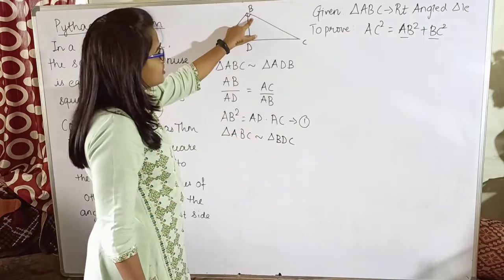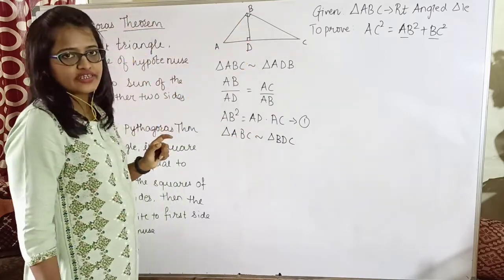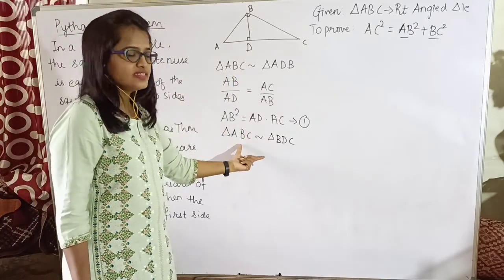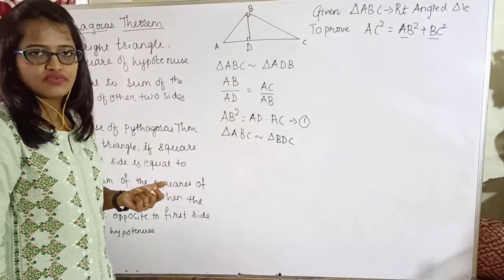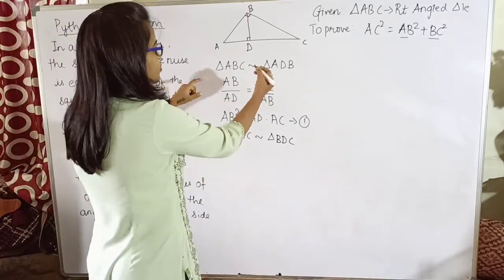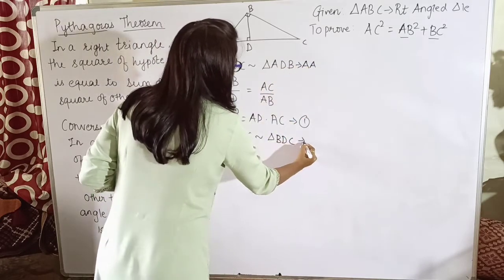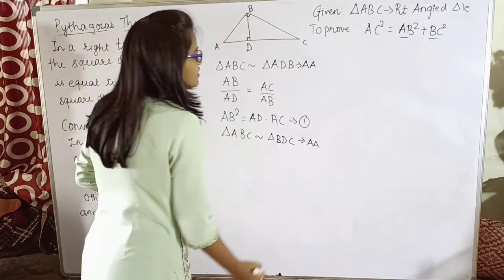Why? Because angle B is 90 degrees and angle D is also 90 degrees. So by AA similarity the two triangles are similar and hence their sides are proportional. This was actually proved in the theorem, so that is why I didn't take it, but these two triangles are similar by AA similarity: one common angle and one 90-degree angle.